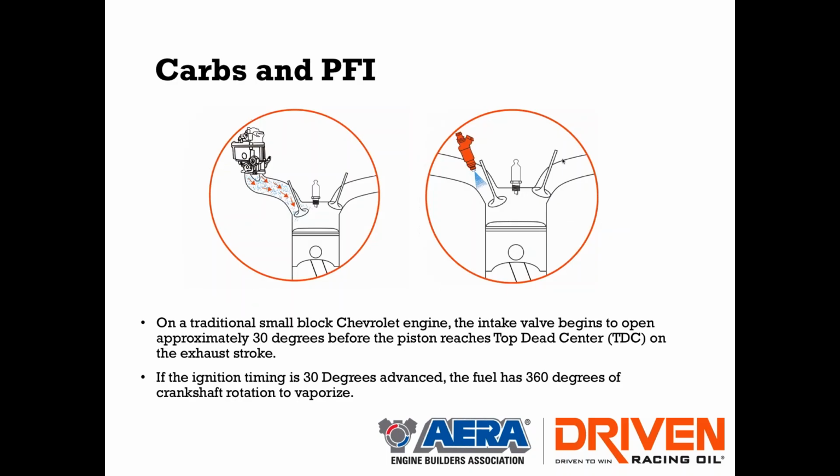When you think about that in terms of carburetors and port fuel injection, say a traditional small block Chevrolet, your intake valve begins to open before the exhaust stroke is finished, and you've got your carburetor way upstream from the valve, and the port injection is even upstream from the valve. So if you do the math a little bit, the fuel has essentially at least 360 degrees of crankshaft rotation to vaporize.